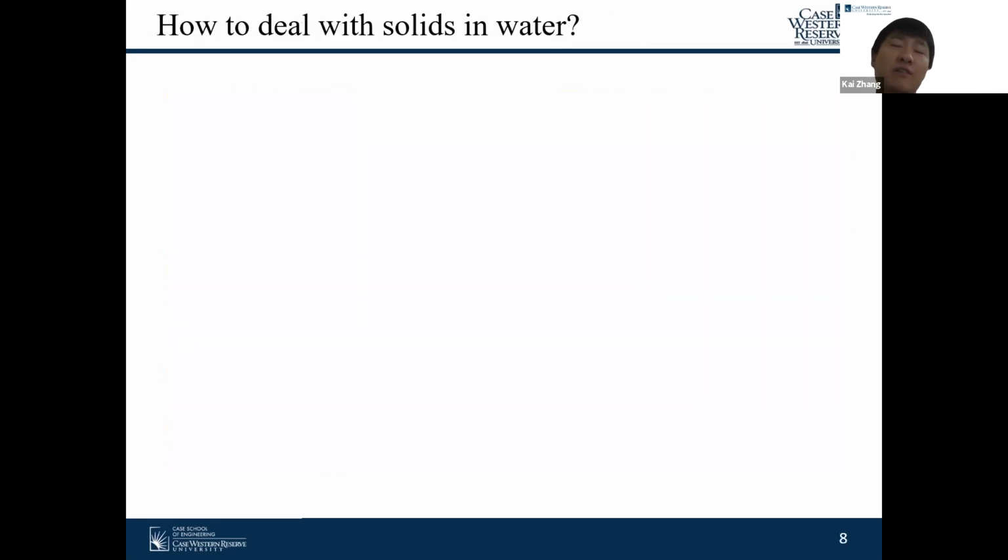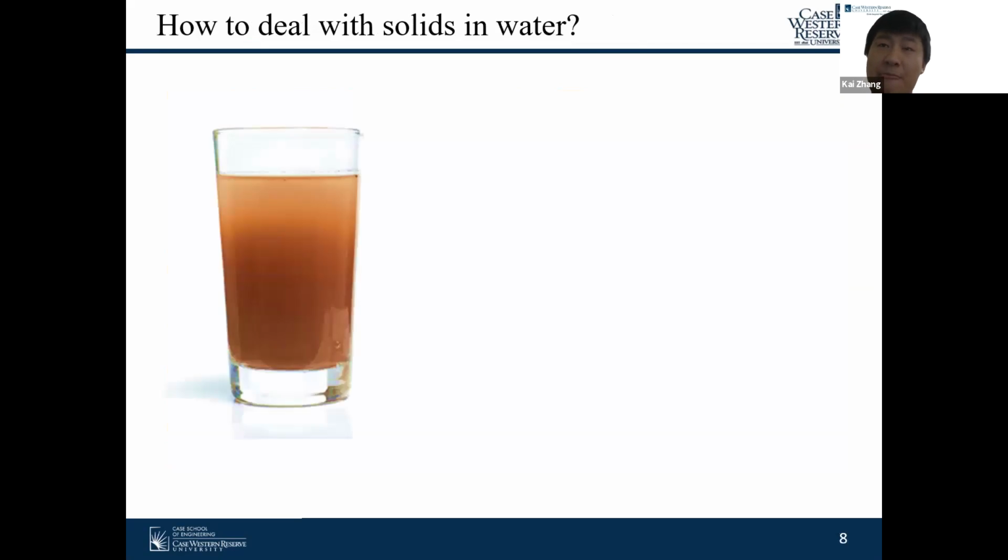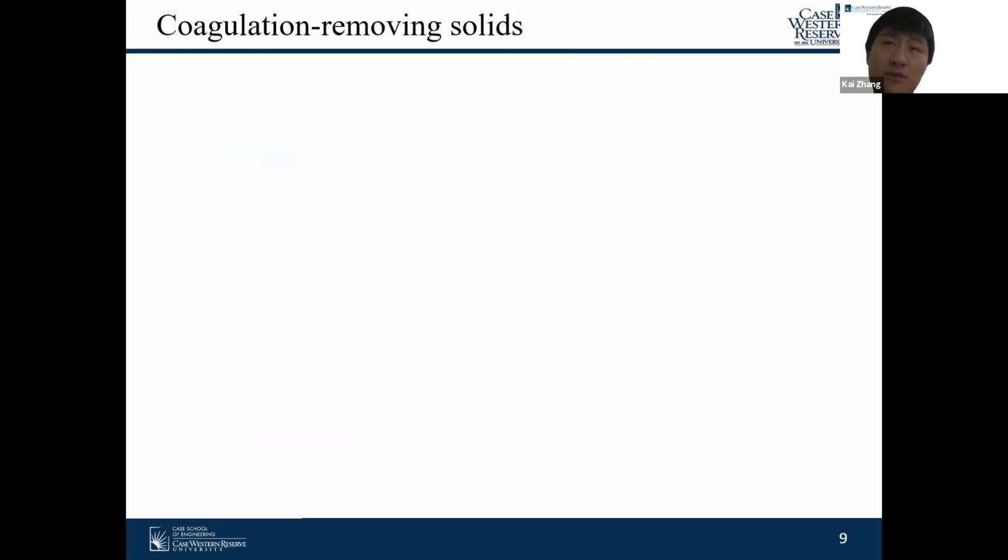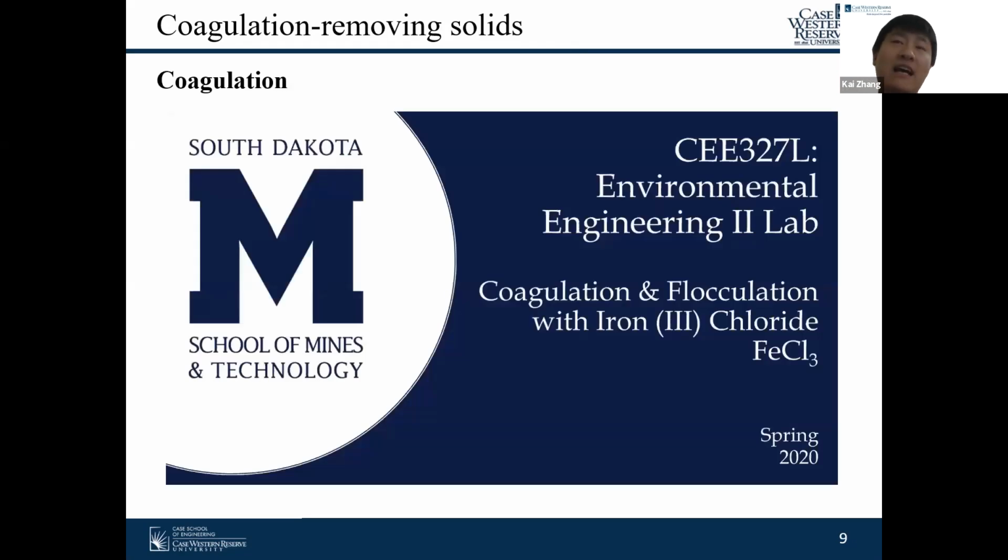The environmental engineer also provides a solution. It's called coagulation. We know that solids cannot be waited out, and filtration works, but we can also use coagulation to remove those solids. Let's see how coagulation works.